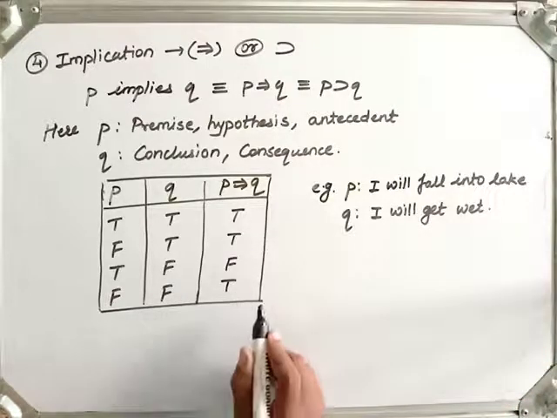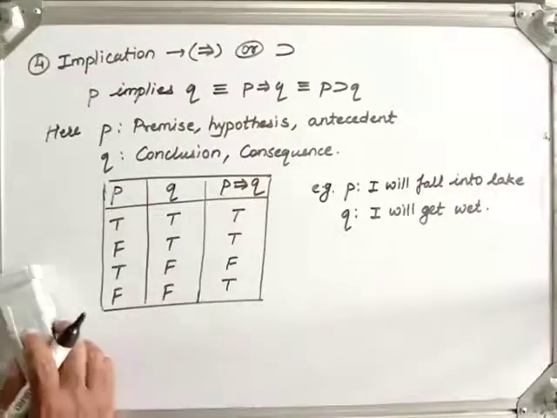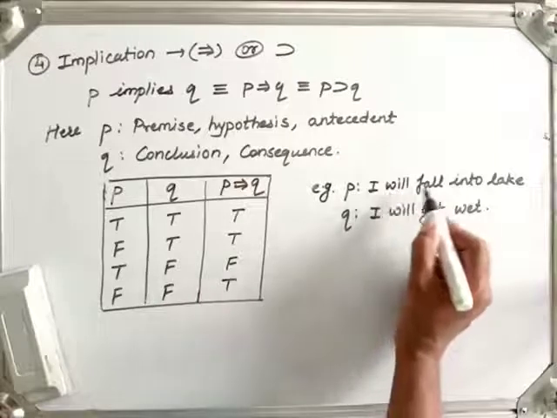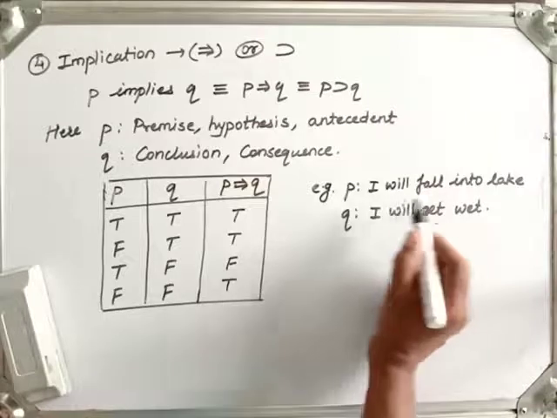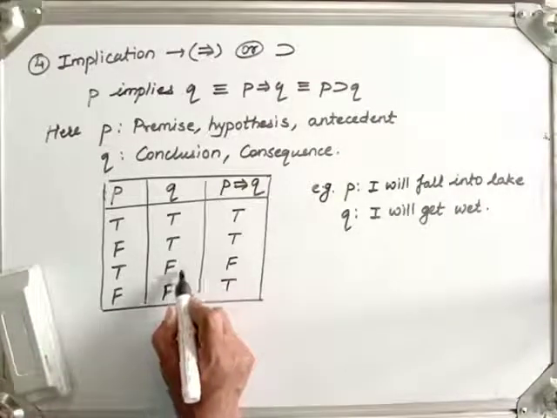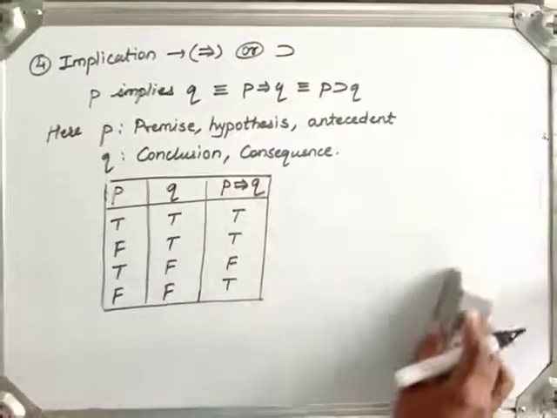That time also it is true. So this example shows you that if I fall into the lake and I will not get wet, how does this happen? This does not happen. So that time this is false. Okay, remember this thing.